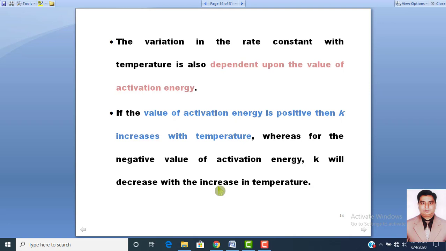So the rate will increase or decrease depending on whether the activation energy is positive or negative.